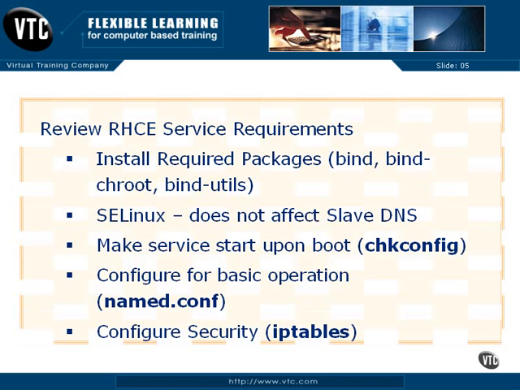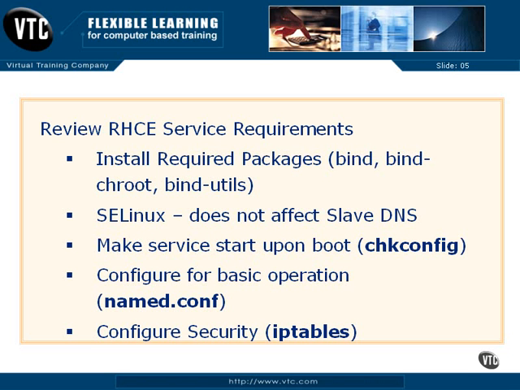Once that's all configured, let's review the service requirements for basic operation. In other videos, we've installed the required DNS packages. We've checked the requirements associated with Security Enhanced Linux. There's a Boolean directive associated with writing to a master DNS server database, so it doesn't affect a slave DNS server.